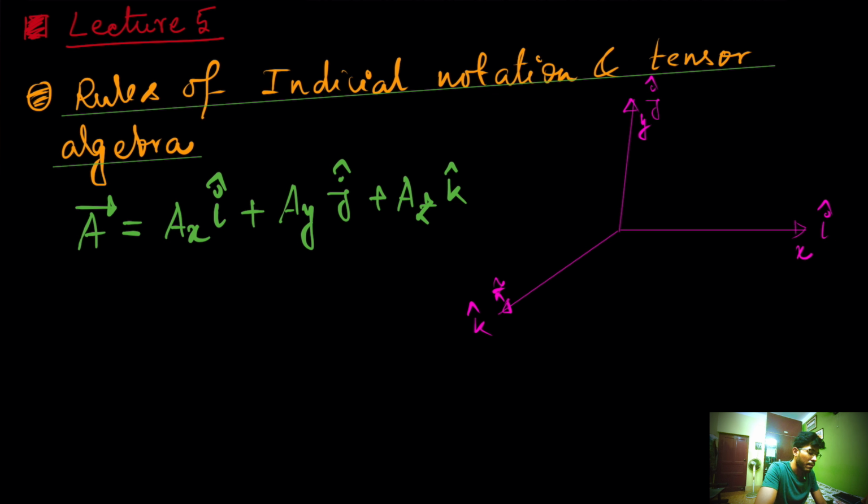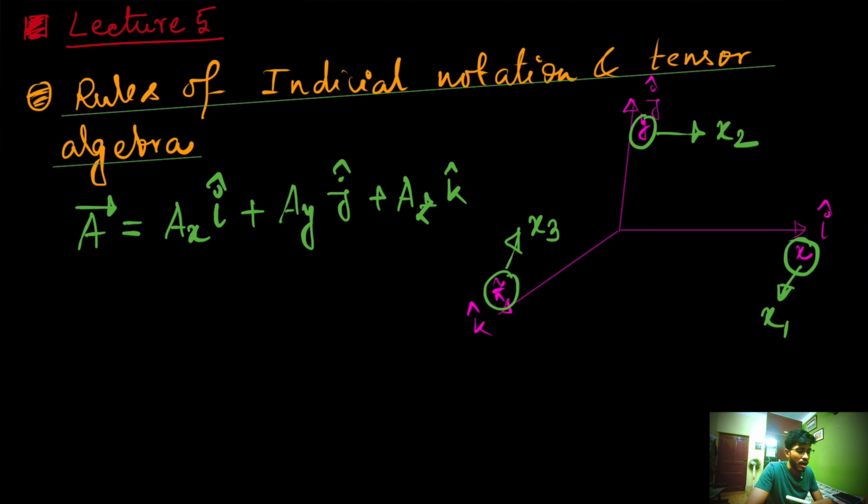Now what I am doing here is replacing this x notation by x1, this y notation by x2, and z notation by x3. So I am just calling x as x1, y as x2 and z as x3, okay.